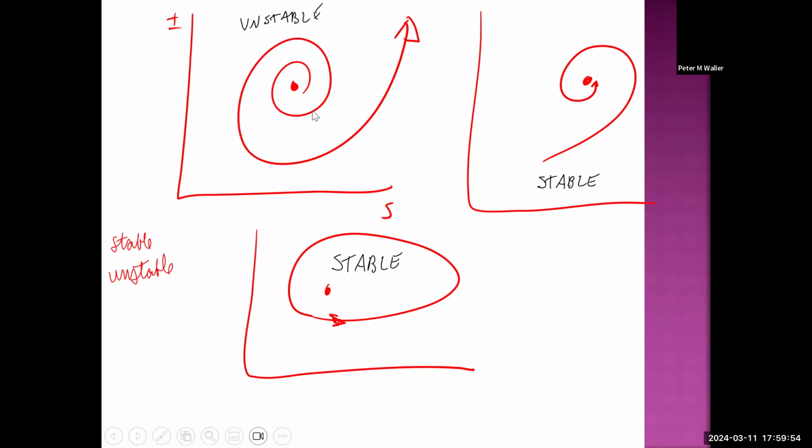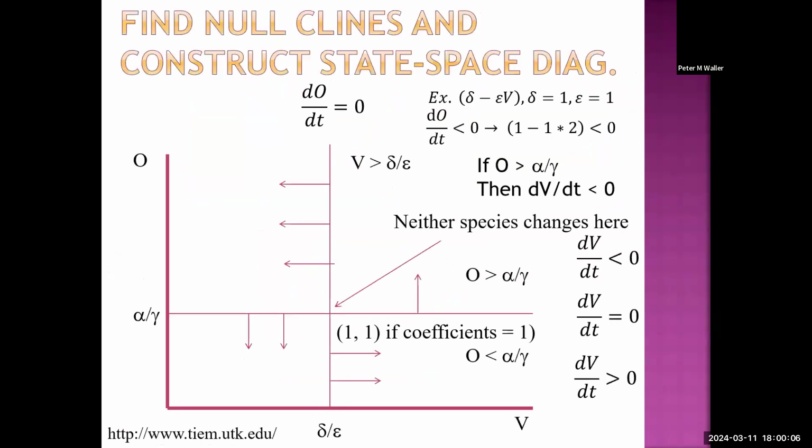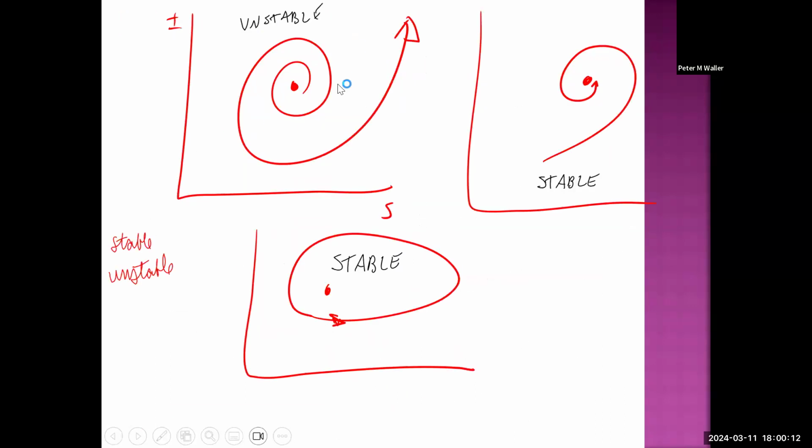Okay, so there's stable and unstable scenarios. If we plot one species versus the other, as you might have noticed in this graph, you can see that the population cycles like this. In this case, this is unstable, which means the fluctuations increase.